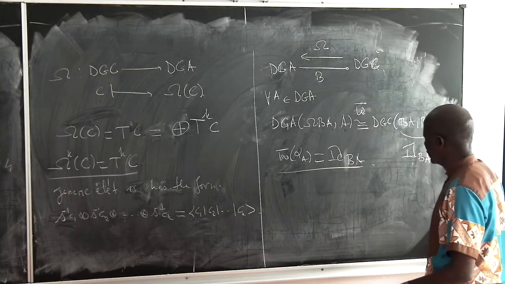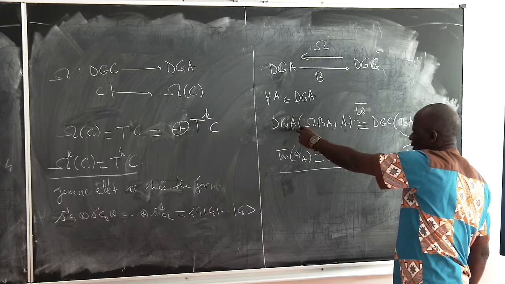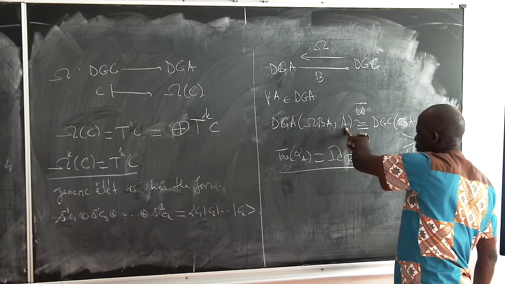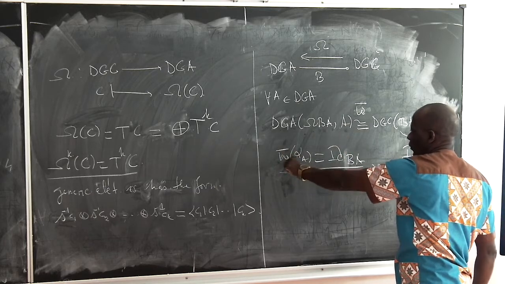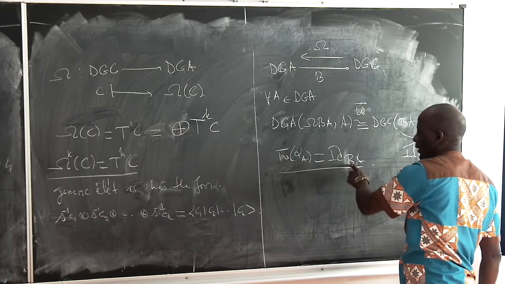Okay. So there exists a differential graded algebra homomorphism from Omega BA to A such that the image of alpha_A by omega bar is equal to the identity.